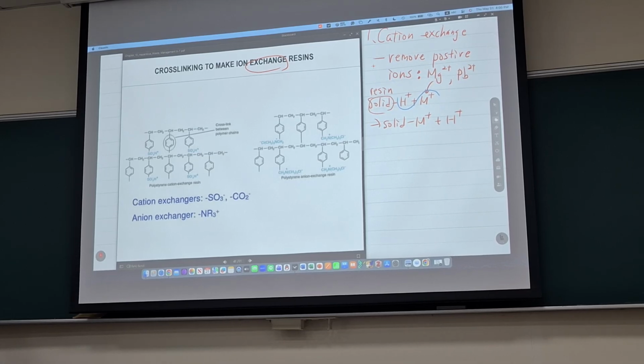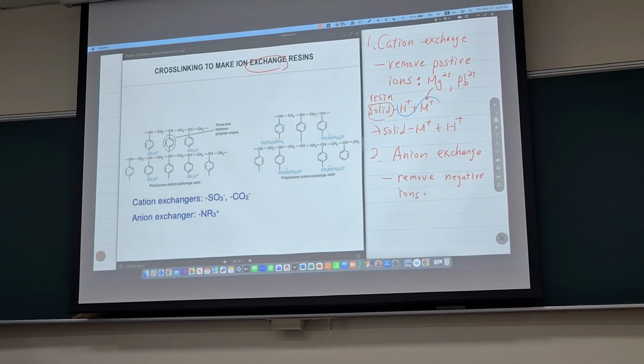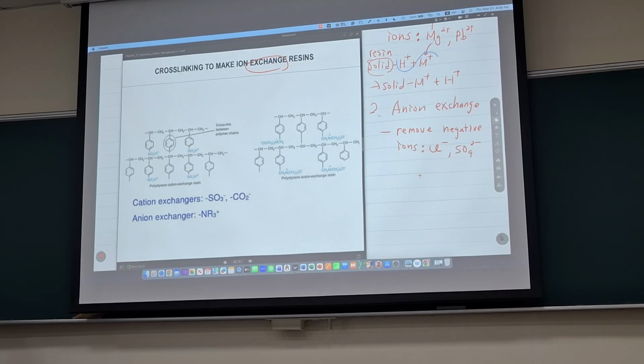Number two is anion exchange. Of course, anion exchange is used to remove negative ions, for example, like chloride ions, for example, like sulfate. Right?